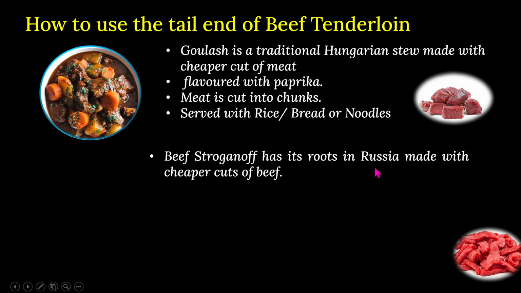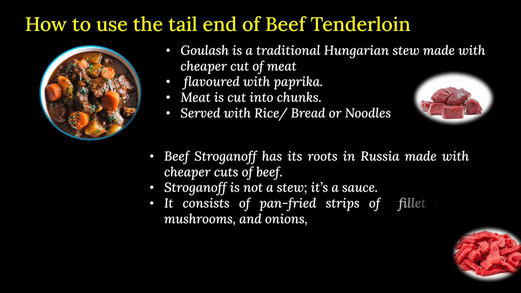Its roots are from Russia, made with the cheaper cuts of beef, cut into strips and used. Stroganoff is not a stew, it is a kind of made-up sauce. Clear? It consists of pan-fried strips of fillet steak, along with mushrooms and onions.